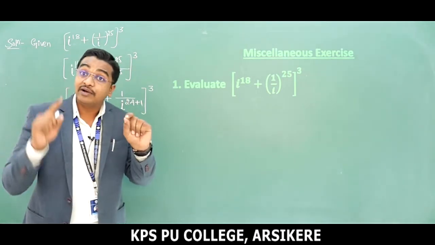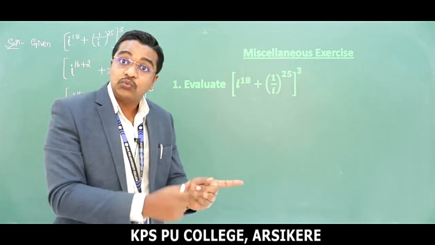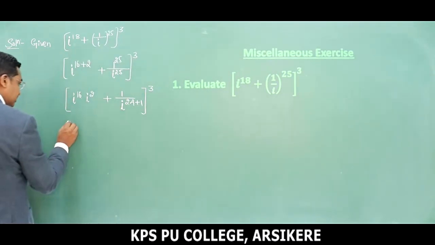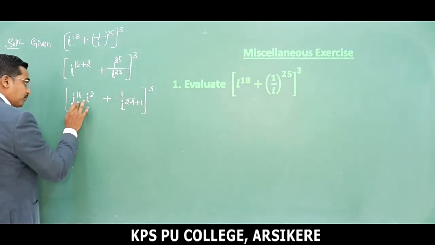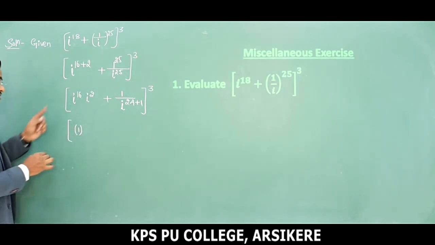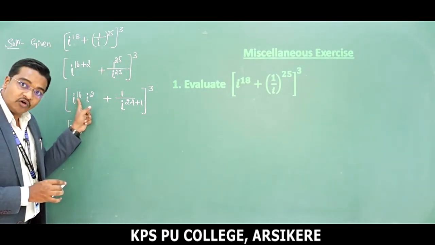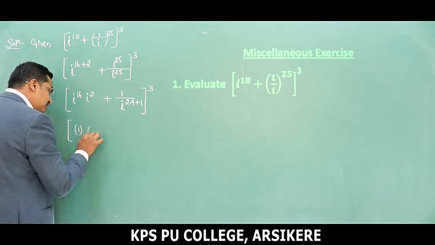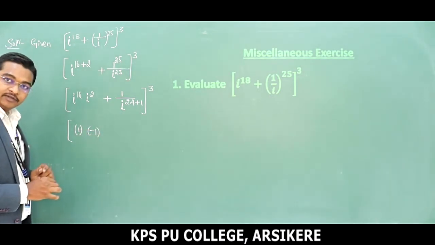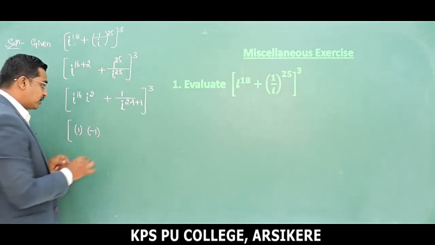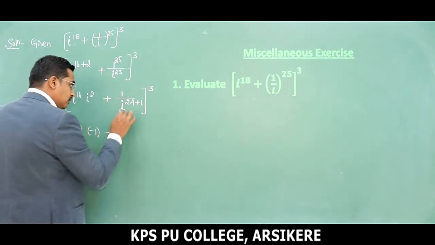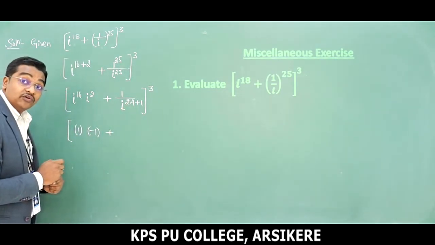So 24 is a multiple of 4, so that value reduces to 1 here. Let's continue. i power 16 is nothing but 1 because 16 is a multiple of 4. Again i square value is minus 1, plus 1 divided by i power 24 plus 1.